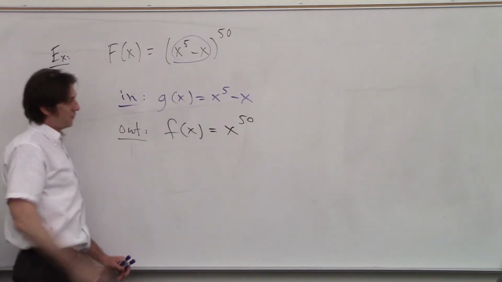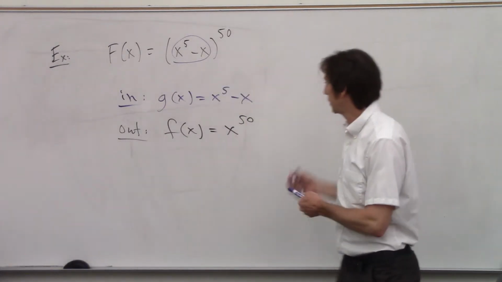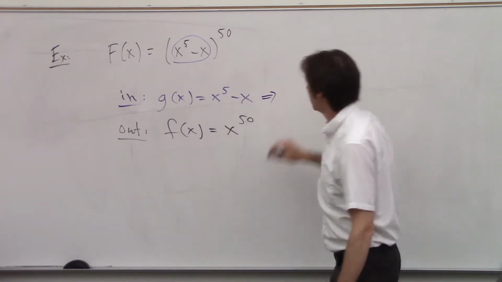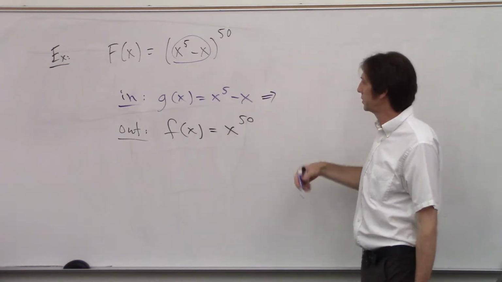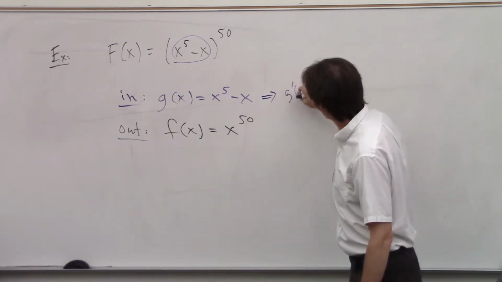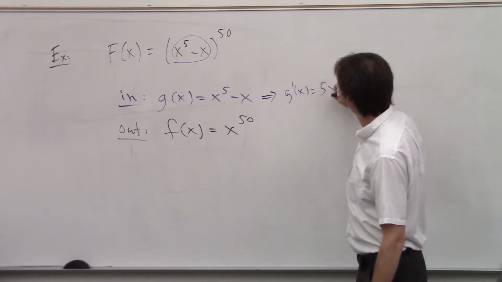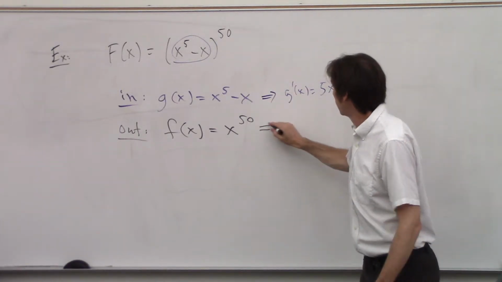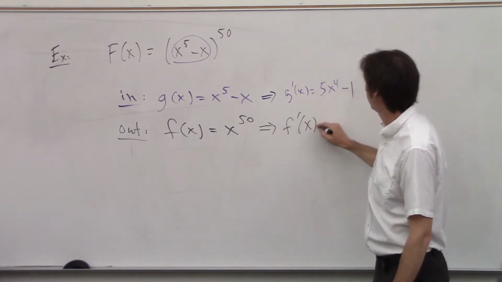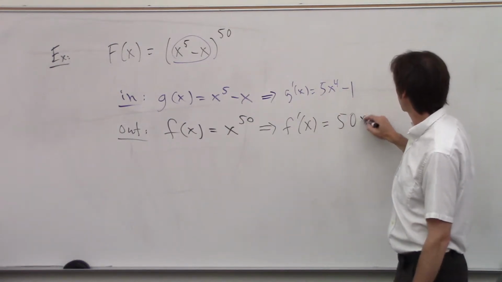The inside and outside functions here can both be differentiated very easily, and then I'll have to put them together in the correct way to get the derivative of the composite. So, g prime of x is equal to 5x to the 4 minus 1, and f prime of x is equal to 50 x to the 49.